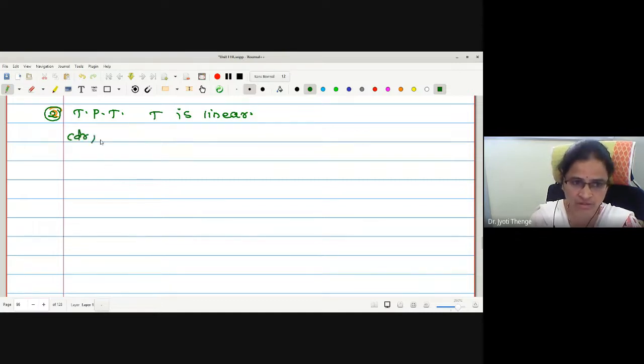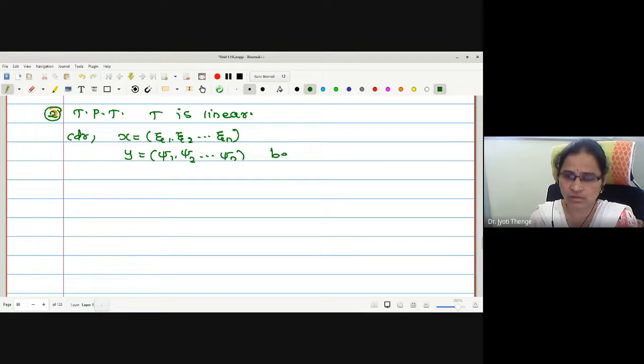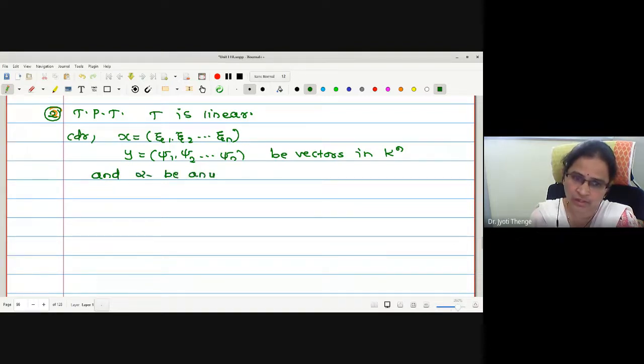Let me consider a vector x equal to zeta 1, zeta 2 up to zeta n, and y equal to some psi 1, psi 2, up to psi n, vectors in K^n space, and alpha be any scalar. Scalar from which field? K.